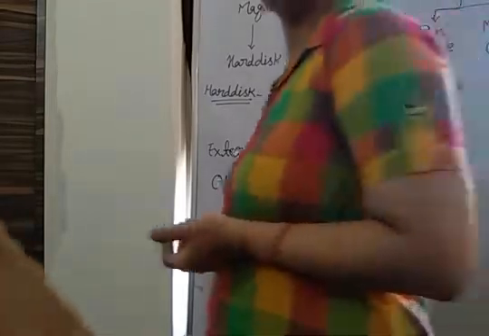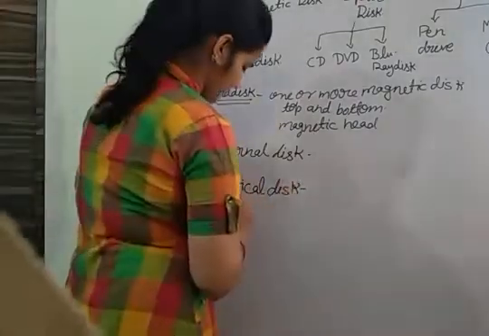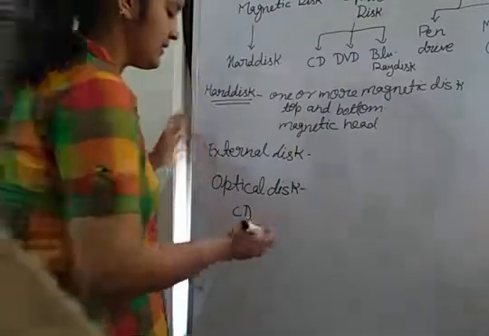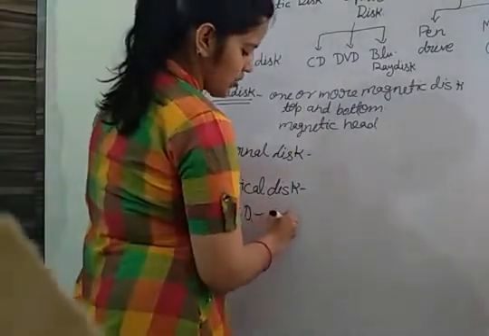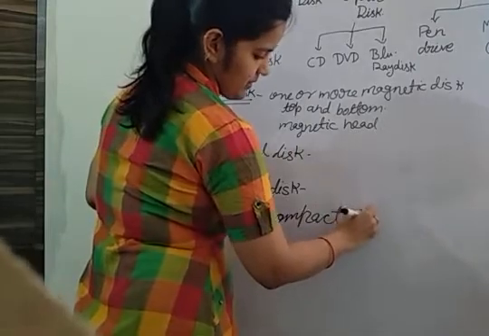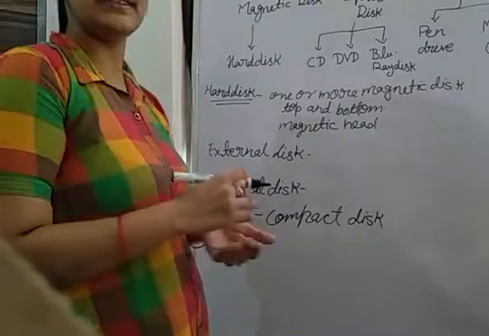Okay, and this one is categorized into three parts. One, CD. Okay, now CD stands for compact disk. It is also used to read and write the data on the CD.